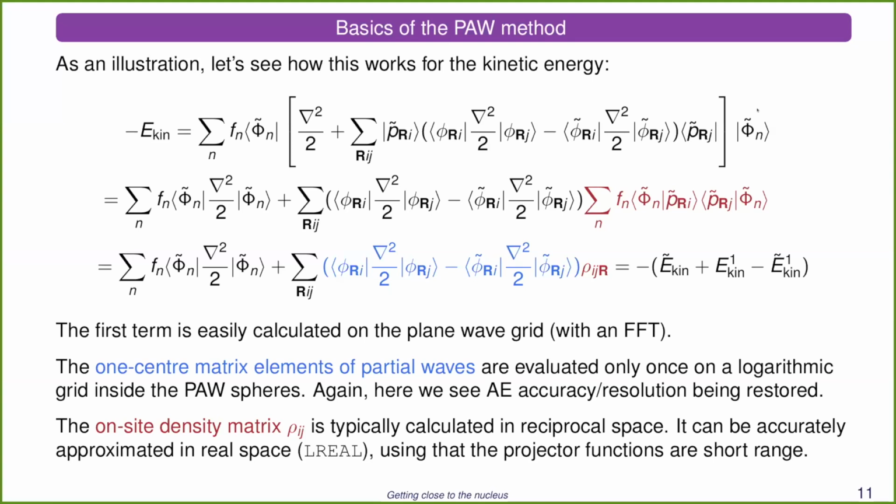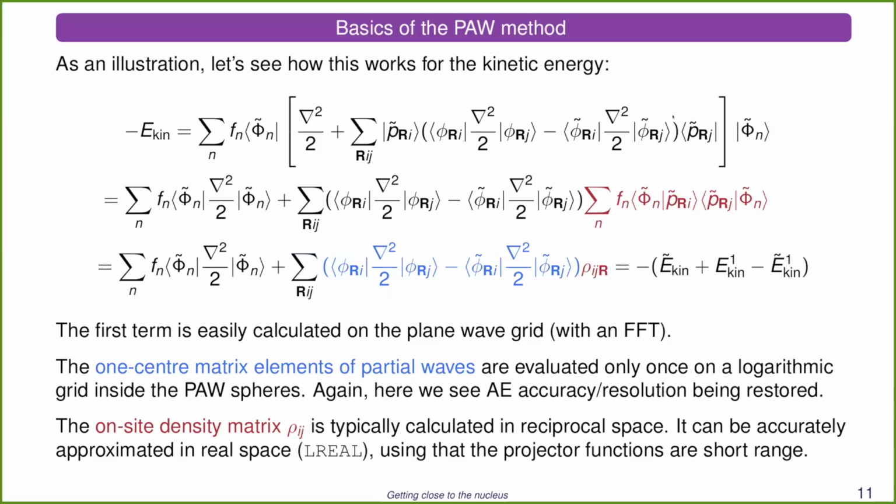So these live on the plane wave grid. You get occupation numbers with it, the weights, and you sum here over all the occupied orbitals on the plane wave grid. But then you also get these one-center corrections with the projector functions. And if you just rewrite a little bit, it's very simple.